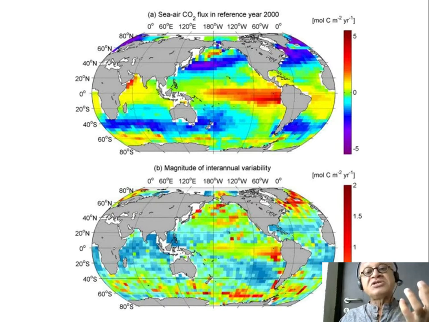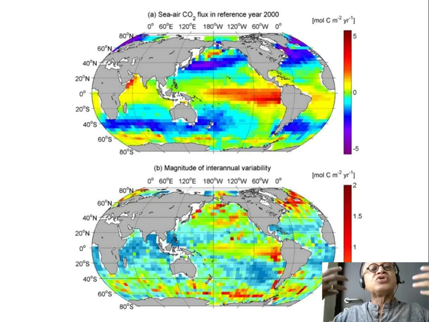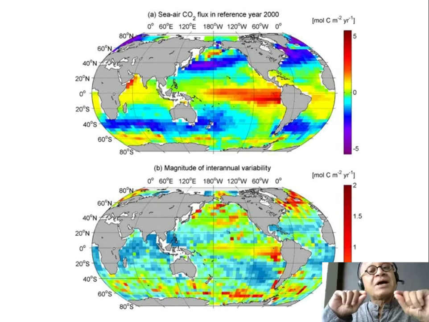So in these regions, even though it's a highly productive upwelling region, it is still the solubility pump that dominates. It's the upwelling and the high CO2 in the water that dominates the air CO2. Contribution of the biological pump is relatively smaller.